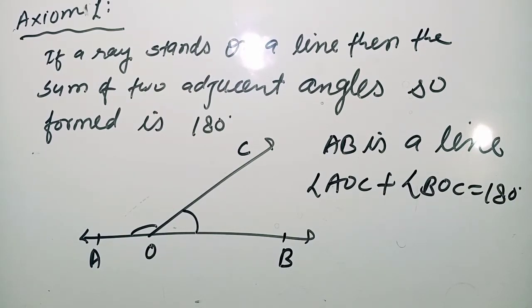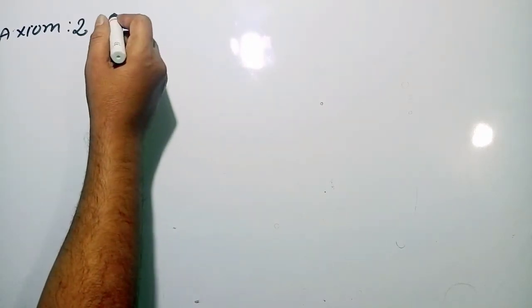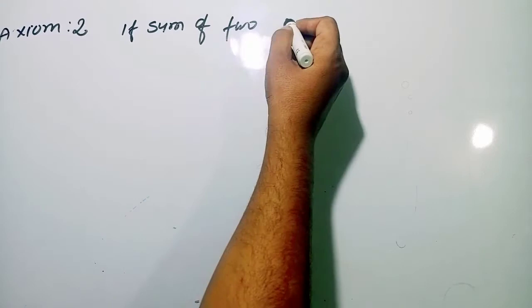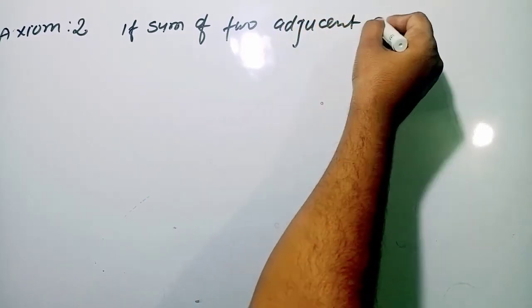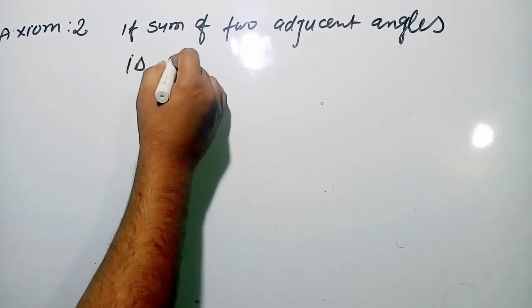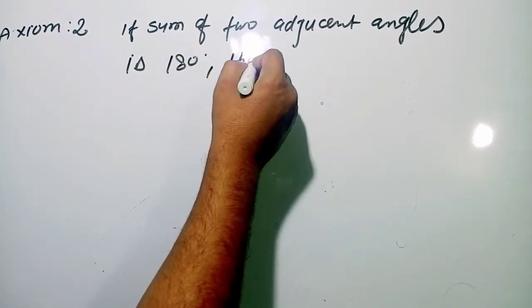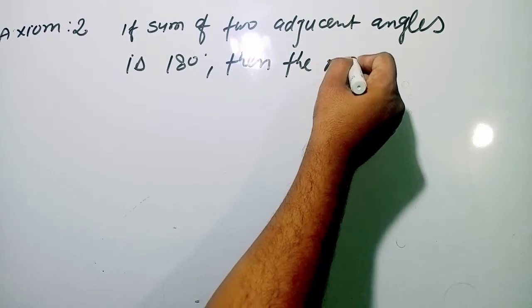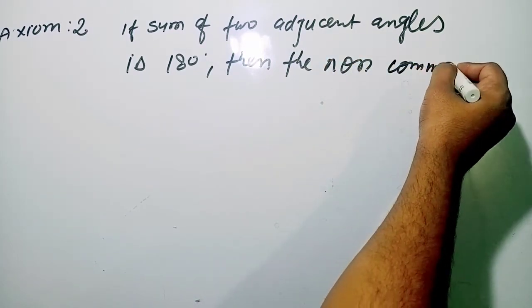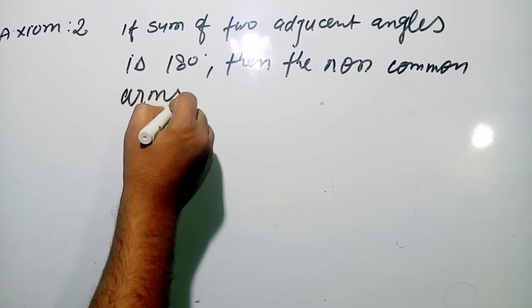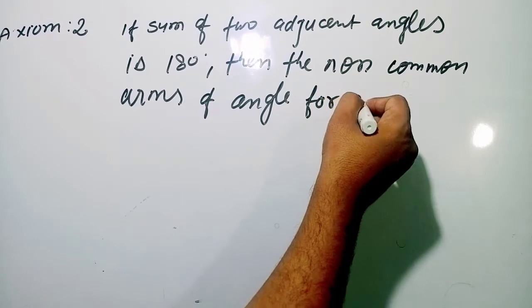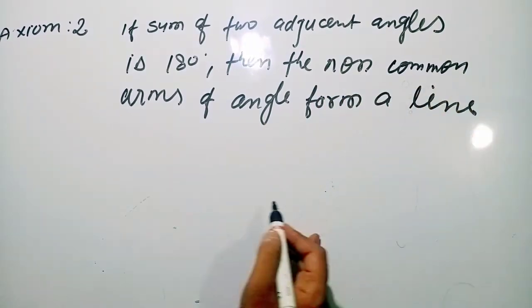Now moving to axiom 2. In axiom 2, if the sum of adjacent angles is 180 degrees, then the non-common arms of the angles form a line.